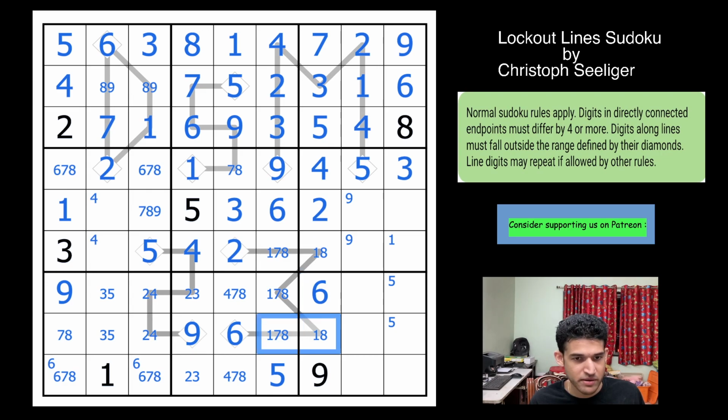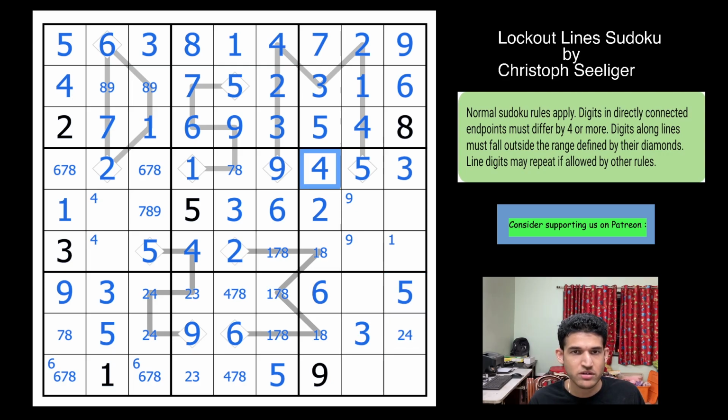1 7 8 triplet here in these 3 cells, and 6 and 9. So I need 2 3 4 5, and you can't have 2 4 5 here, so that's a 3. This is a hidden single, which means this is 5, that is 3, and this is not a 5. 5 goes here. This is 2 or a 4.